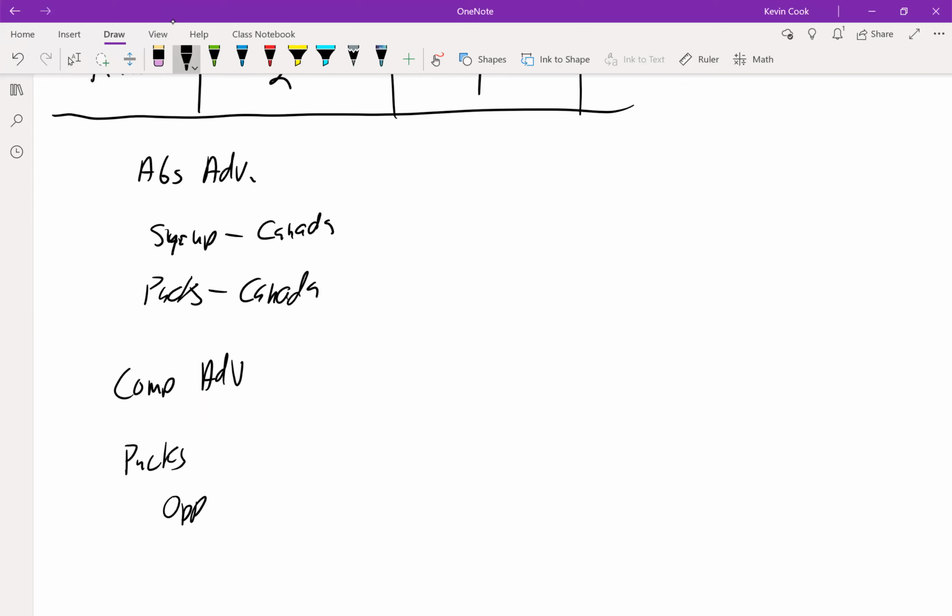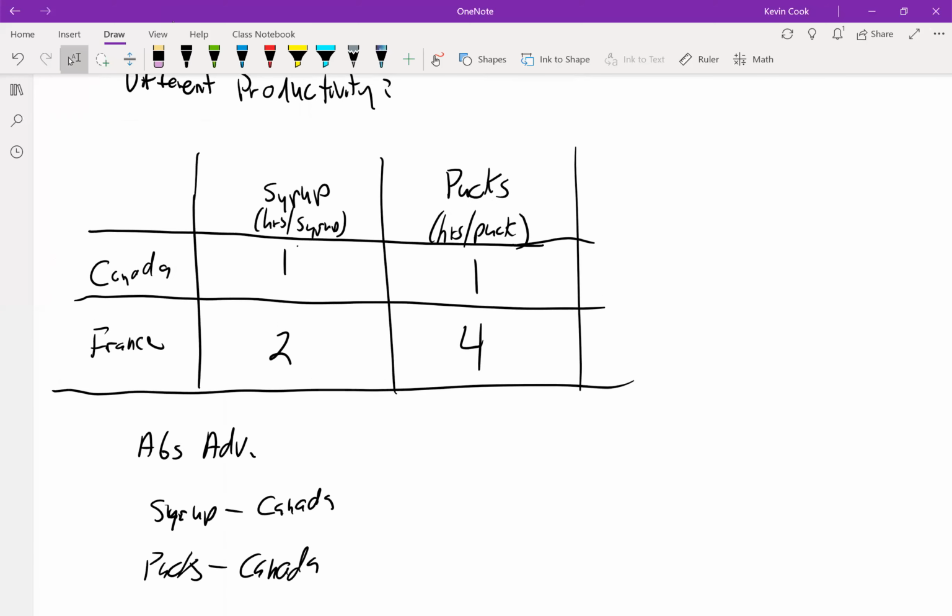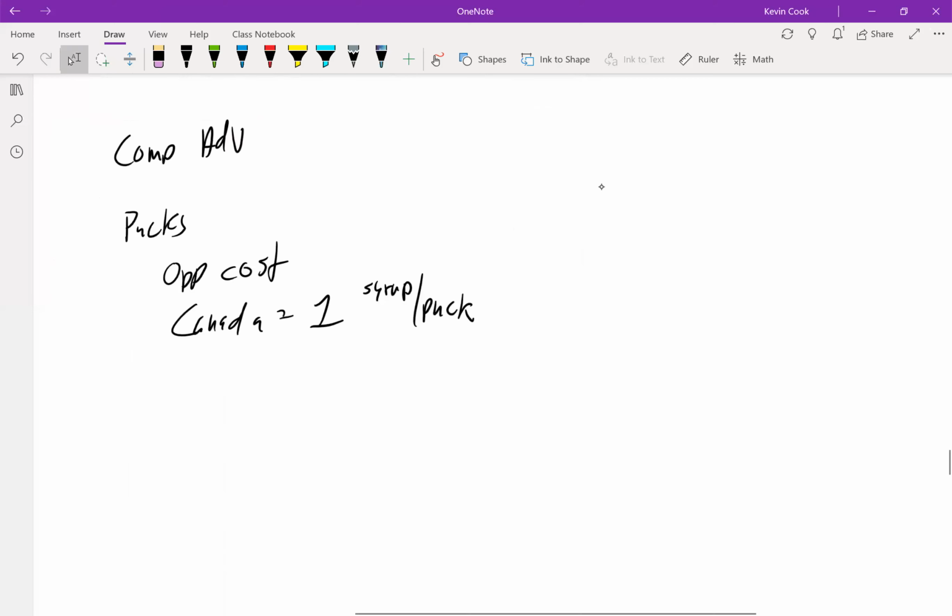And if we look at our opportunity cost for Canada, this is just going to be 1 syrup per puck. Right, and that's because it's a 1-to-1 deal. I picked 1-to-1 for that very reason. They have that nice, easy trade-off, 1-to-1.